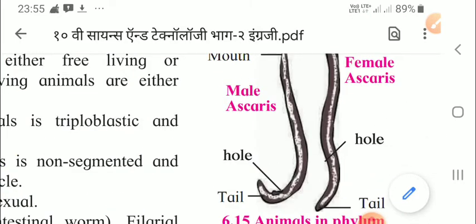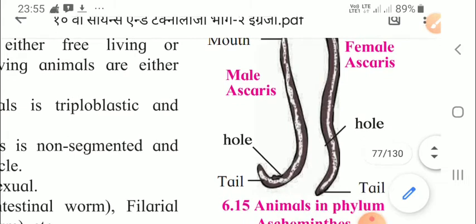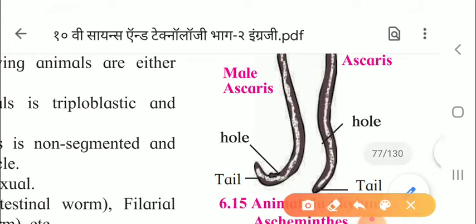Here you can see that two diagrams are there, children. Animals in the phylum Aschelminthes. Now you can see a male Ascaris and a female Ascaris. Male Ascaris has a mouth in the upper part, and down it has a tail, and in between, before the tail, one hole is there.